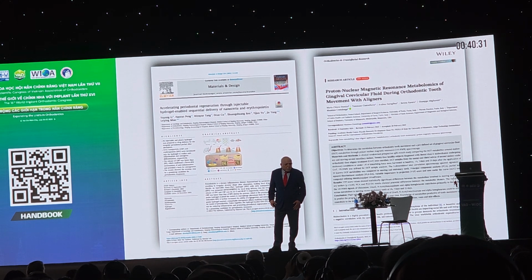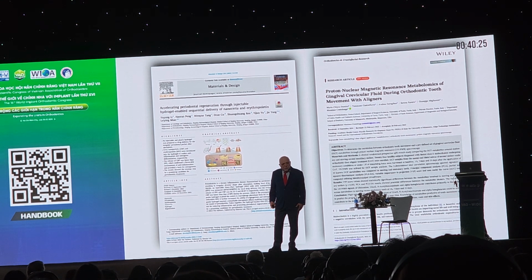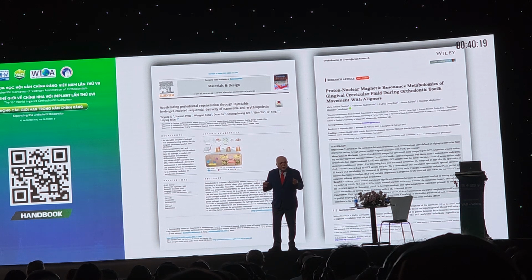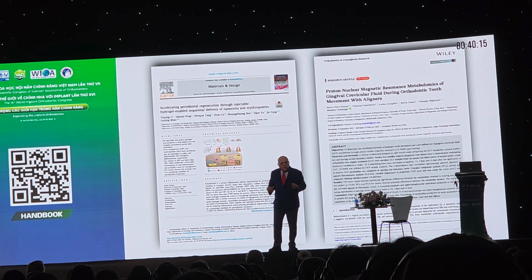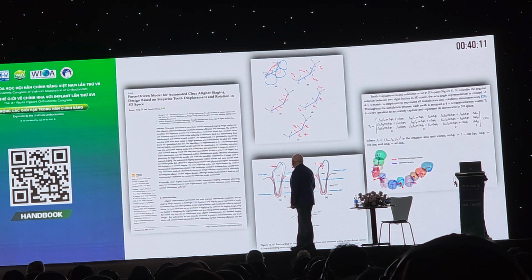Nobody talks about BlackBerry anymore. This is what we call disruptive technology, completely disruptive. And this is what shape memory aligners are. You are in control yourself of moving teeth, how many aligners you want to give, how you want to scan, and light force, which is going to remain active over a long period of time.